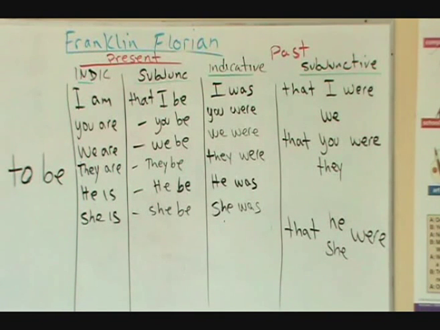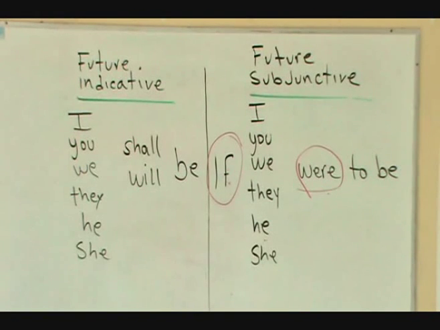Now, this is the present, the past. Let's look at one more, the future. Now, let's analyze the future indicative. I, you, we, they, he, she. It could be with shall, or it could be with will.